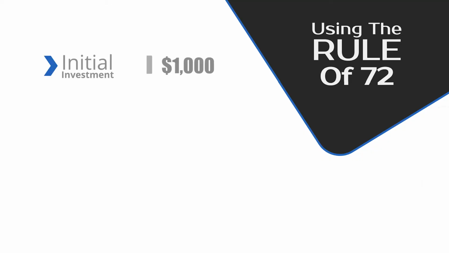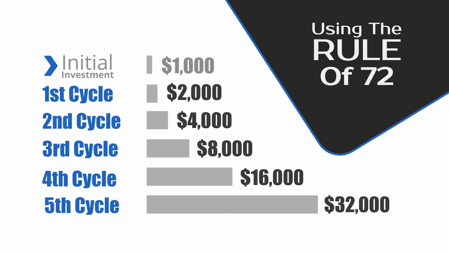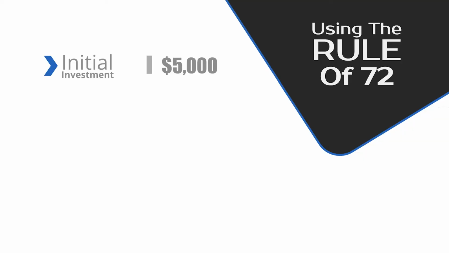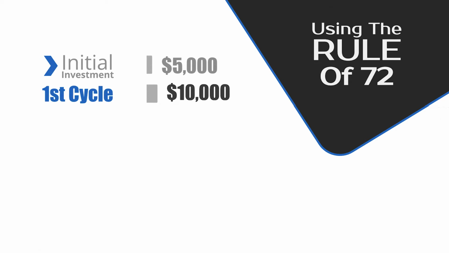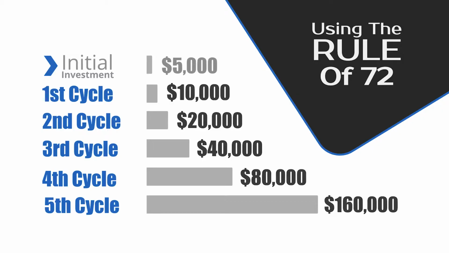Quick example, take $1,000. And let's say you have 5 compound cycles with $1,000. Well, that $1,000 would turn into $32,000. That's pretty good. 5 compound cycles. But what if you increase that $1,000 to $5,000? $5,000 with the same number of compound cycles, which take the same amount of time. Those 5 compound cycles would produce $160,000.